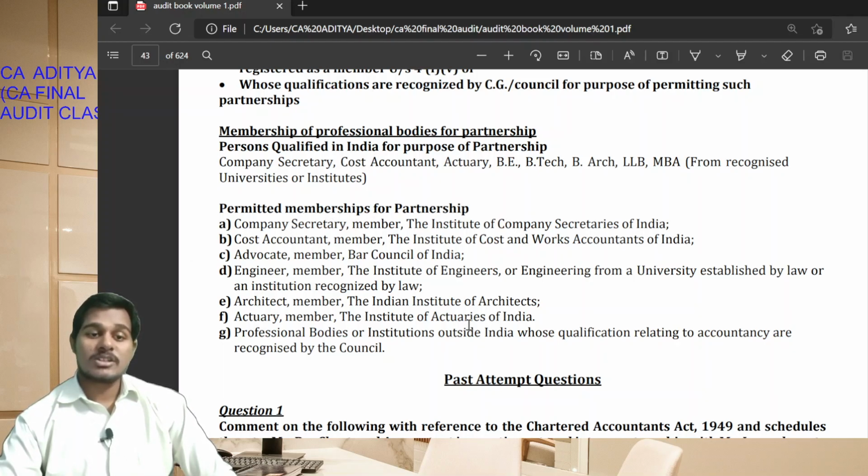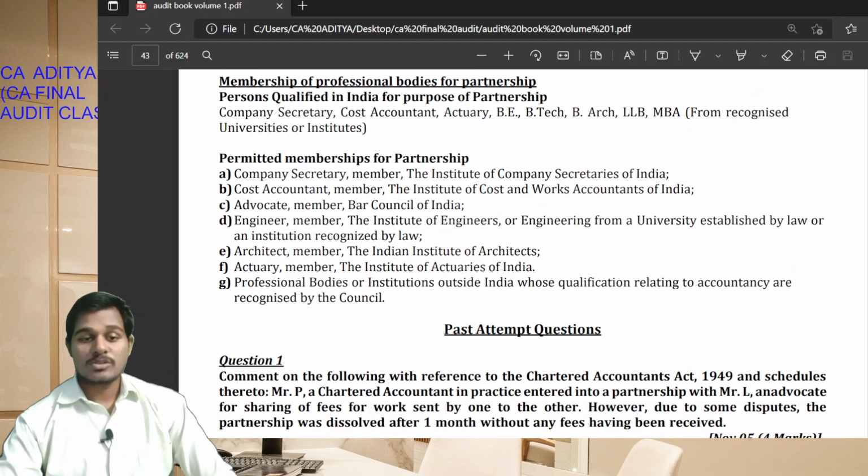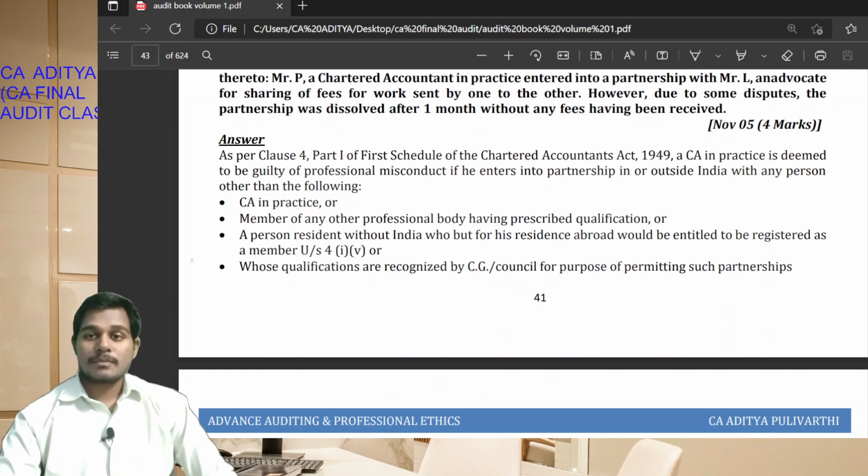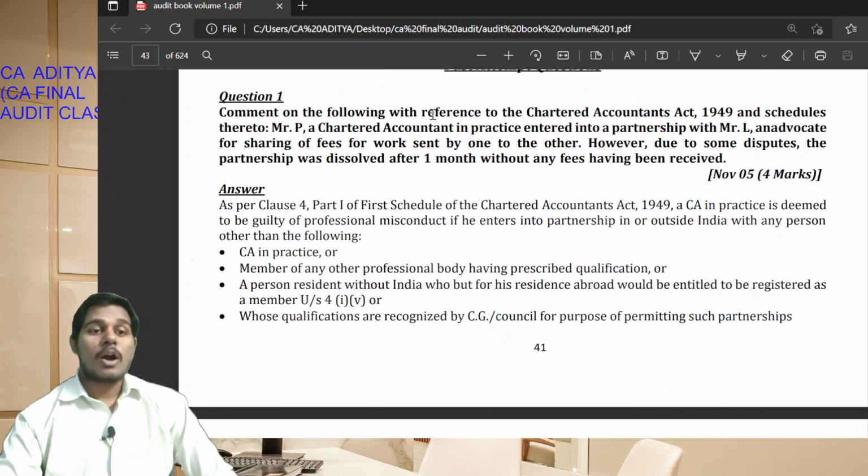Let's study the questions. See students, comment on the following with reference to the Chartered Accountants Act 1949 and Schedules thereto. Mr. P, a chartered accountant in practice, entered into a partnership with Mr. L, an advocate, for sharing of profits for work sent by one to the other.